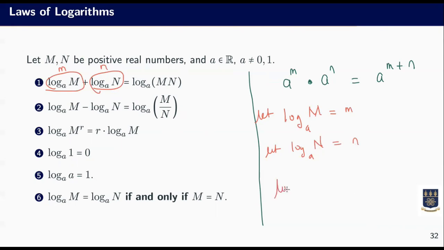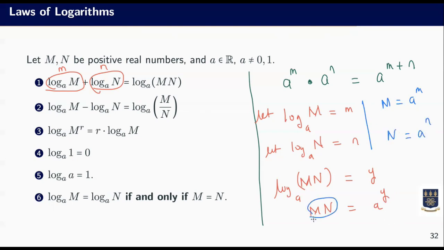So what's log to the base a of M times N? It's some number. Let's call it y. So it means MN is a to the y. But what do we know from our logs? Well, we know that M is a to the power small m, and N is a to the small n.